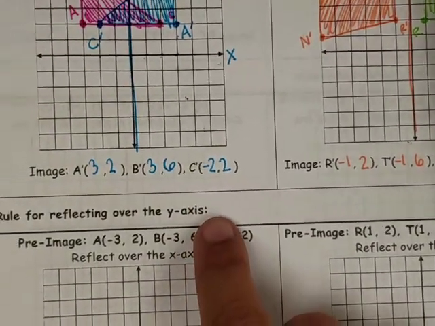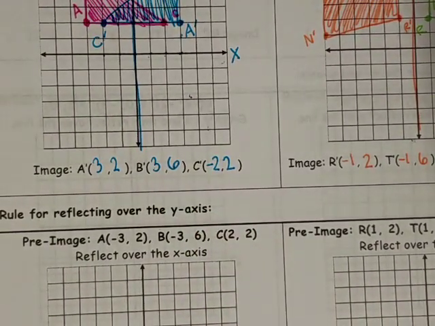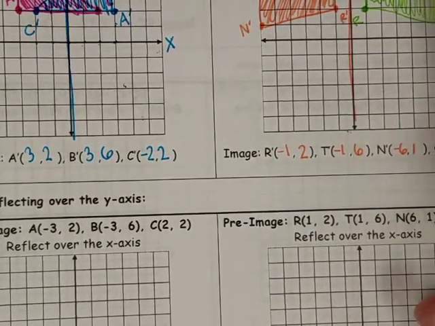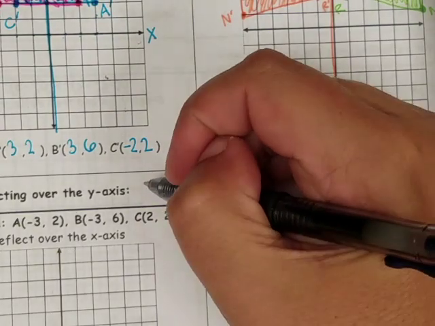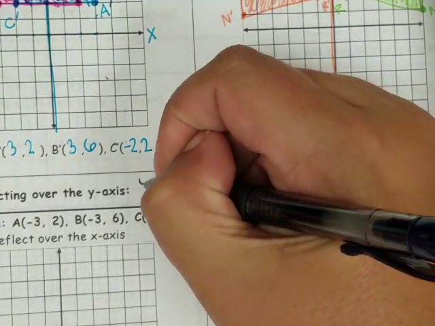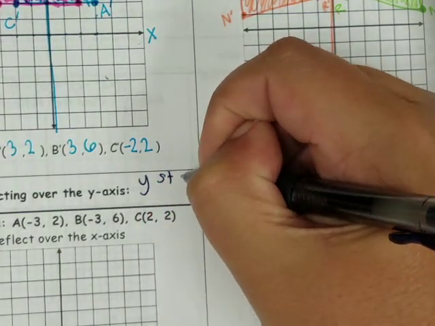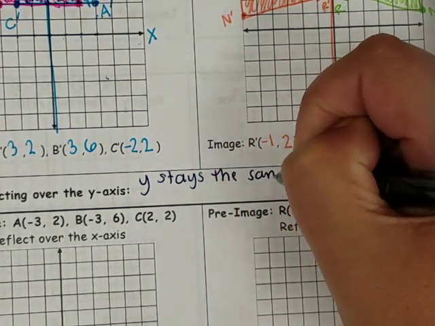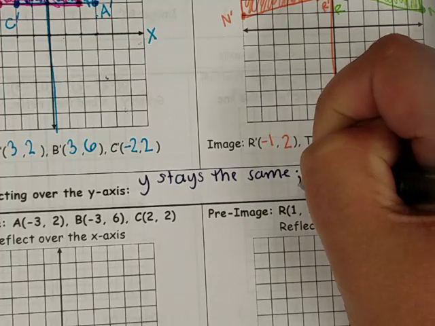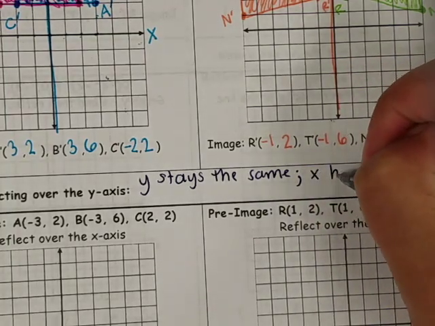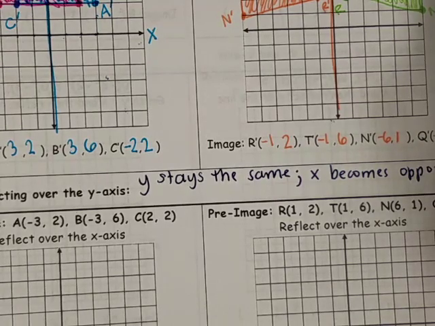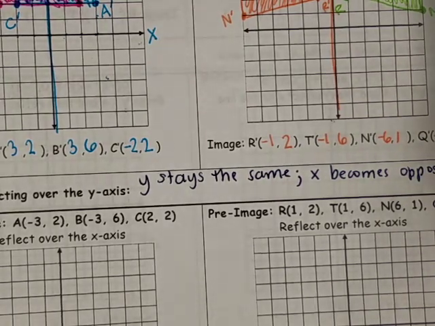So our rule for reflecting over the y-axis is that your y stays the same and your x becomes the opposite sign.